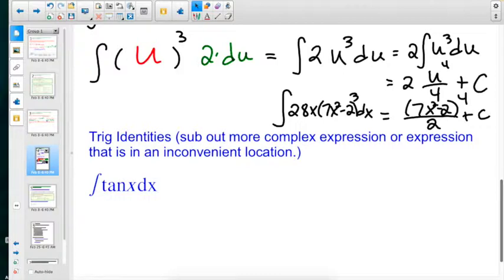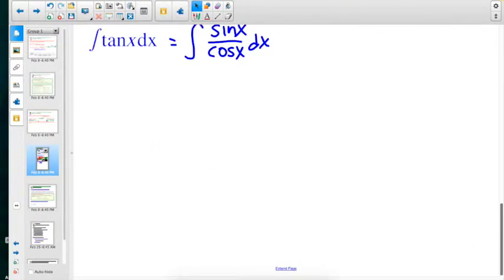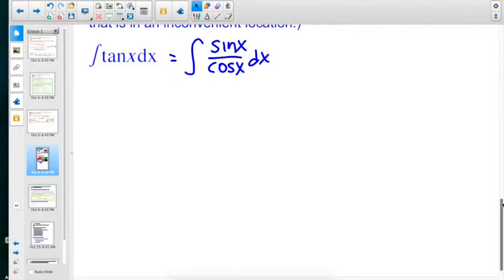So what we're going to do is rewrite this as sine of x over cosine of x. We're going to rewrite it using a trig identity. And now, what do you know about substituting u in for one of these values and then taking the derivative of that? What's going to happen?